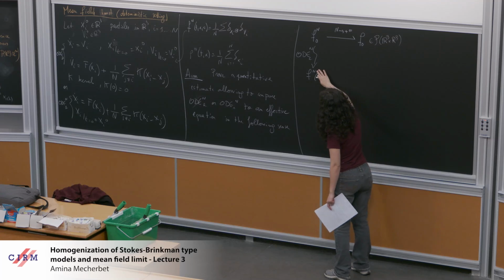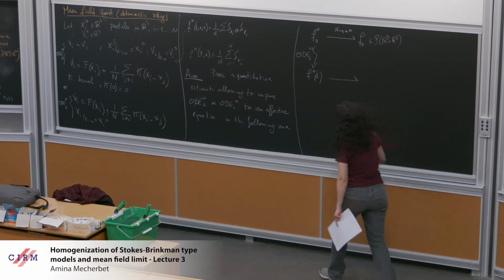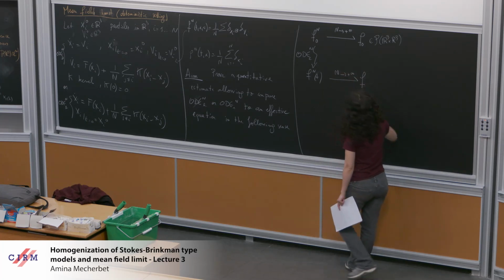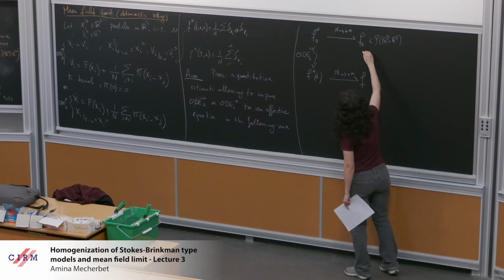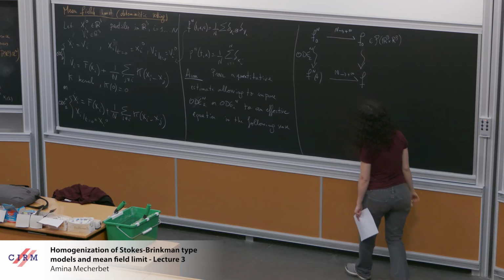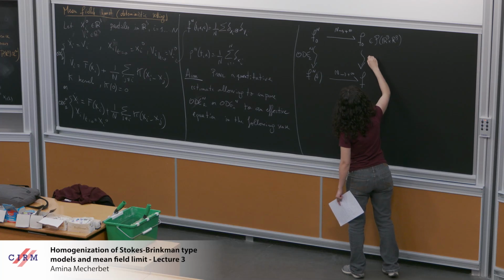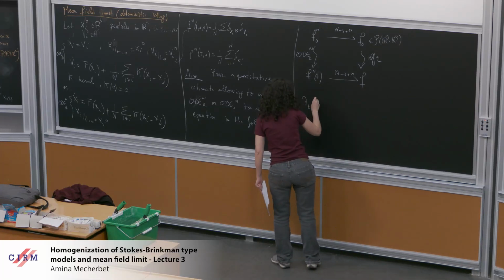And then the question is, could we prove that this still converges to some probability density which will be related to the initial condition through an effective model, so an effective equation that I will call effective 2.